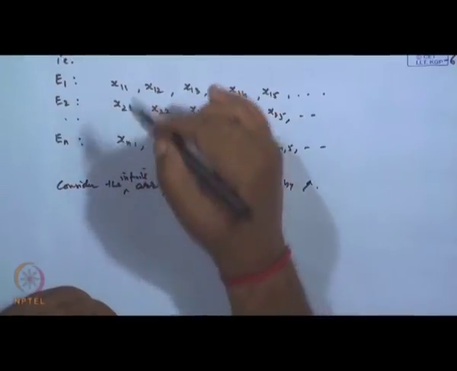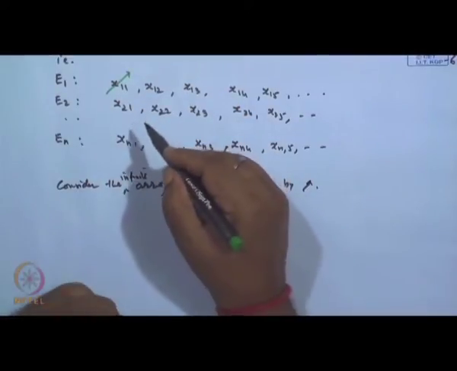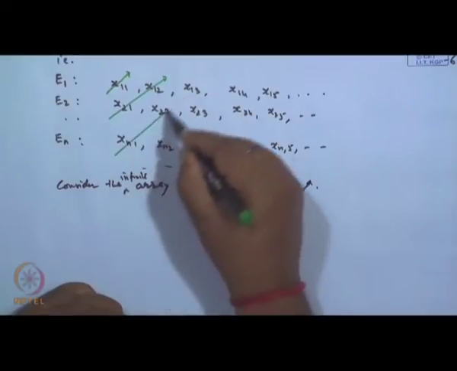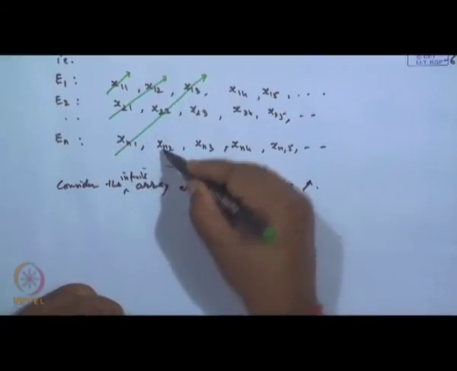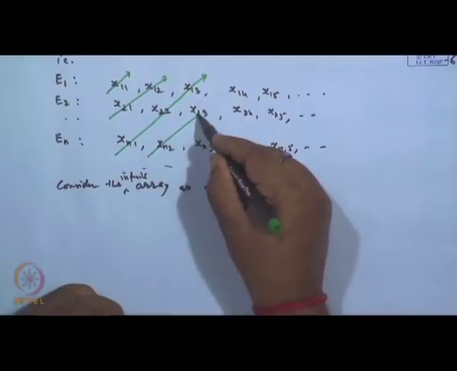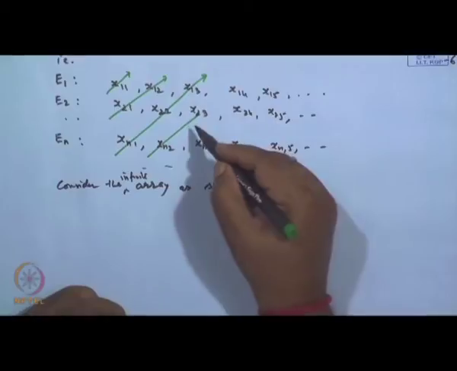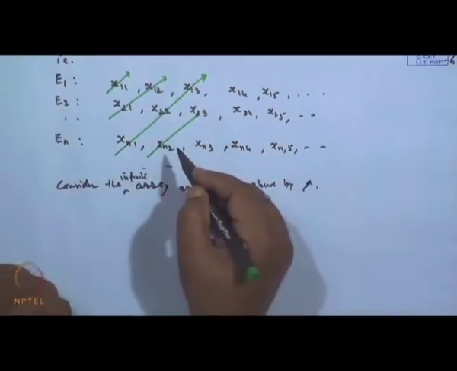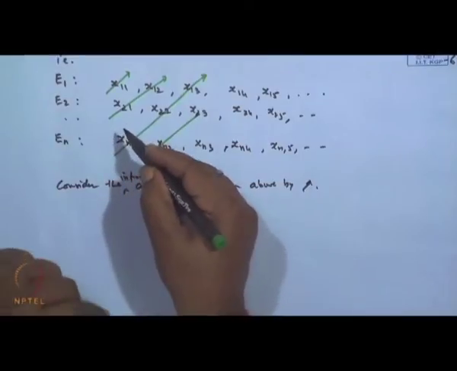Suppose I take this arrow first as the first element, then I choose this one, then this arrow, then this one, x 3 1, x 3 2.